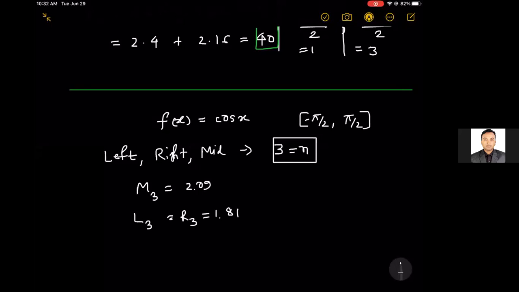Okay, just cross-check your work for this function cosine x within this interval -π/2 to π/2, and you need to divide it into 3 subintervals. Okay, all right, give it a try and let me know.